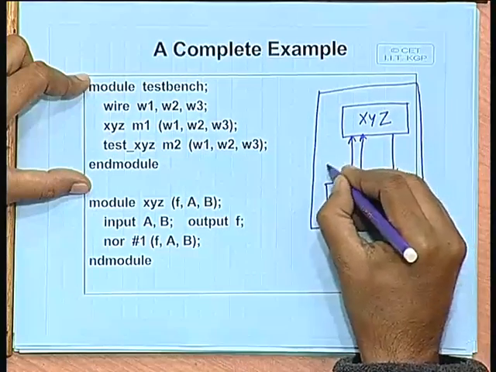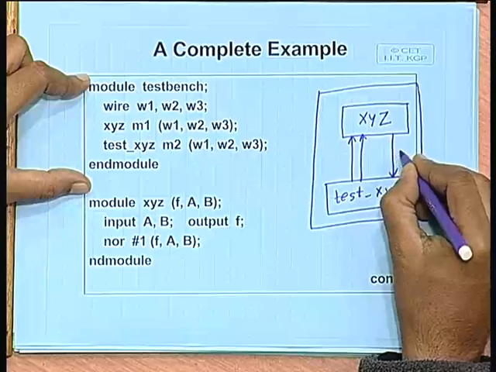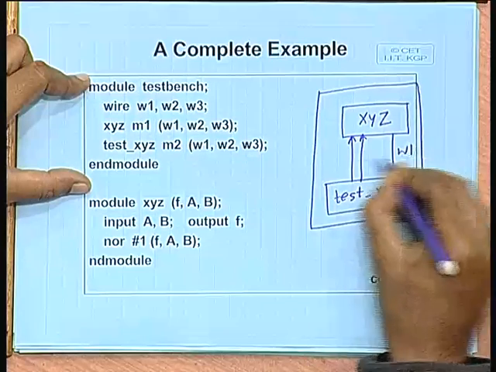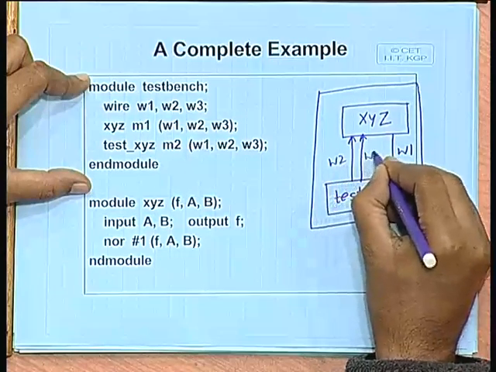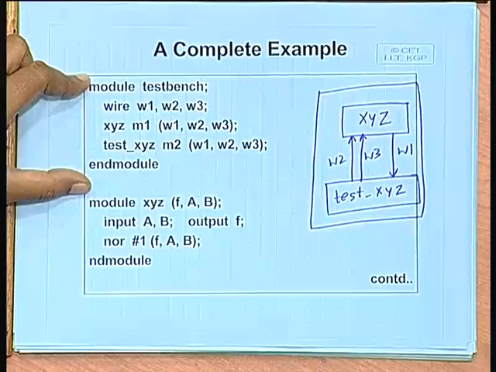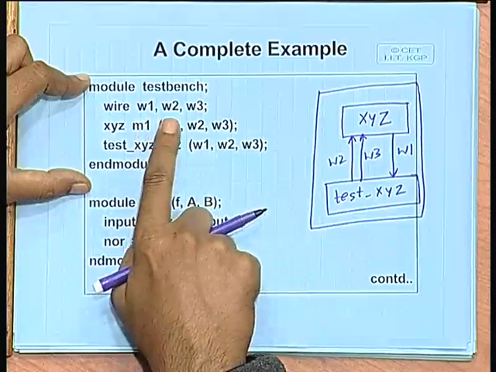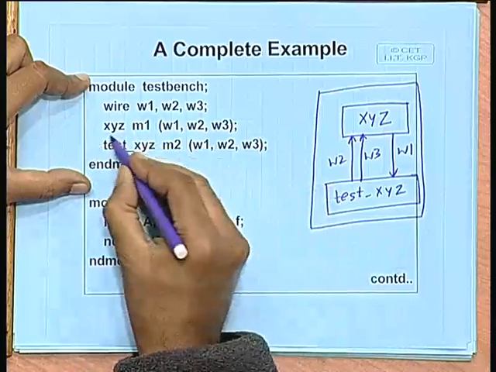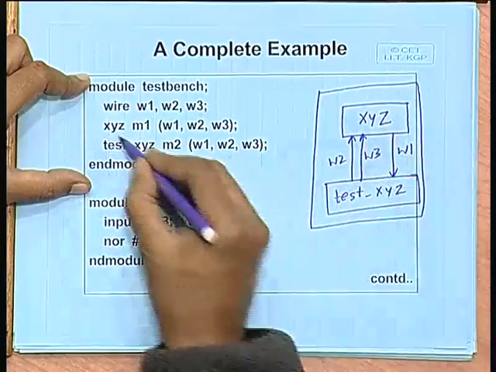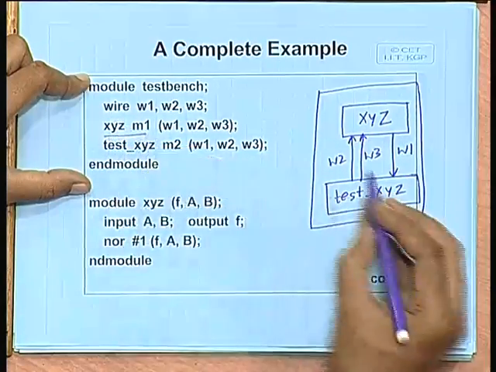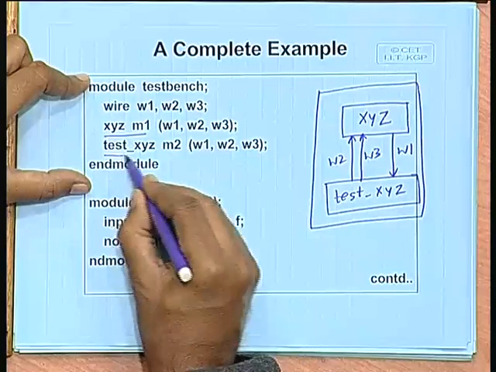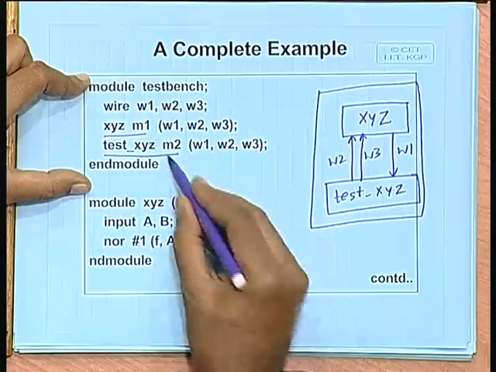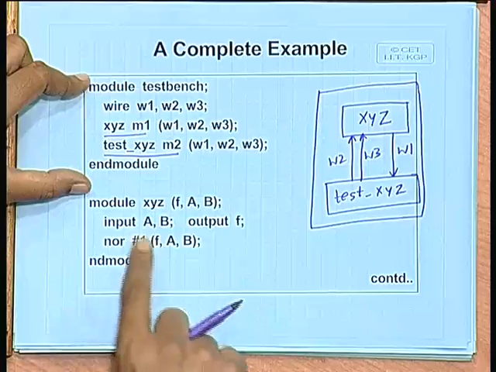We call them W1, W2 and W3. W1, W2, W3 are defined as wires. You instantiate one copy of XYZ here, and one copy of the test bench here. You call one M1 and the other M2.